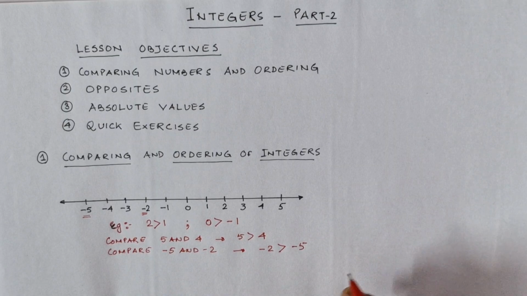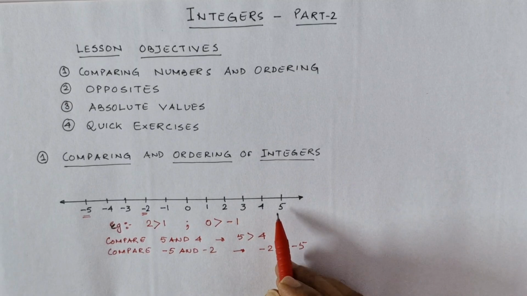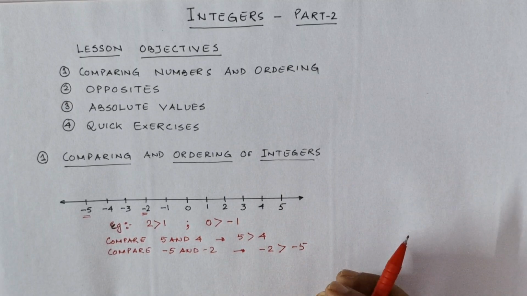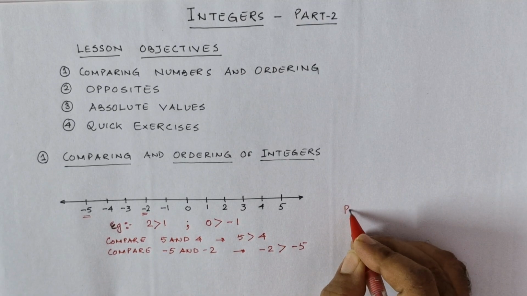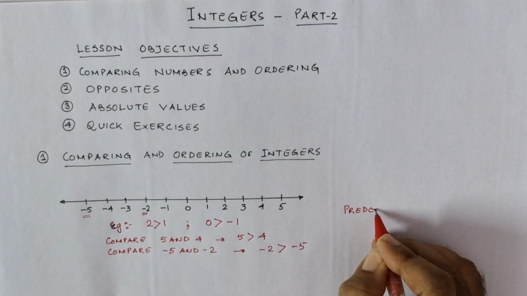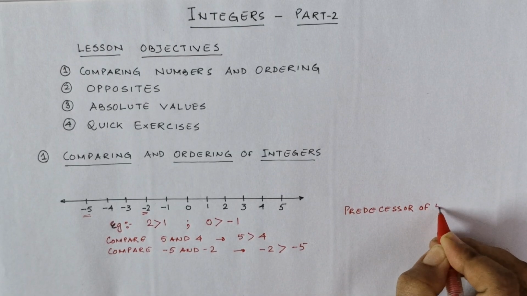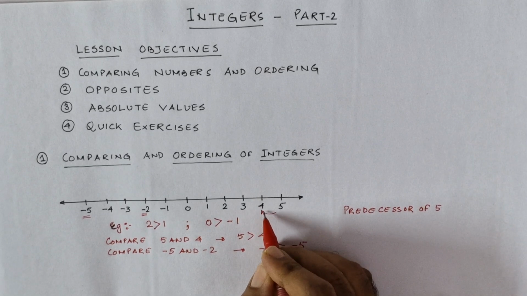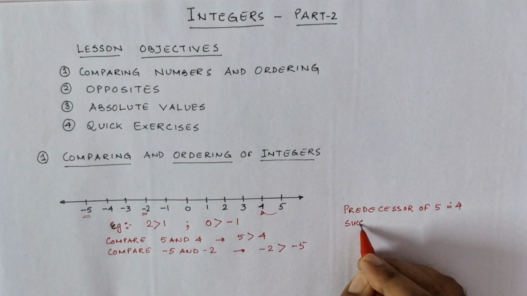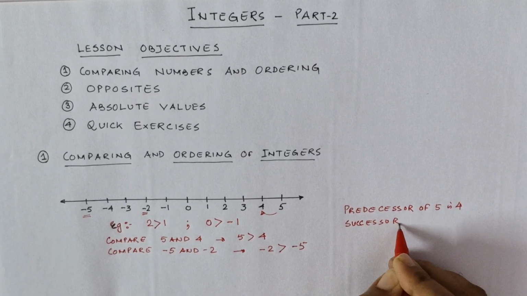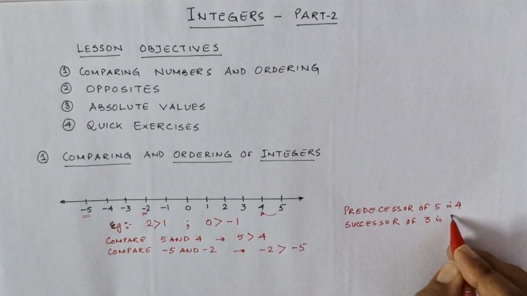Also remember, if you are requested to find predecessors, predecessor means a number before another number. So let's say the predecessor of 5. This one is 4. And let's say the successor of 3 is 4.